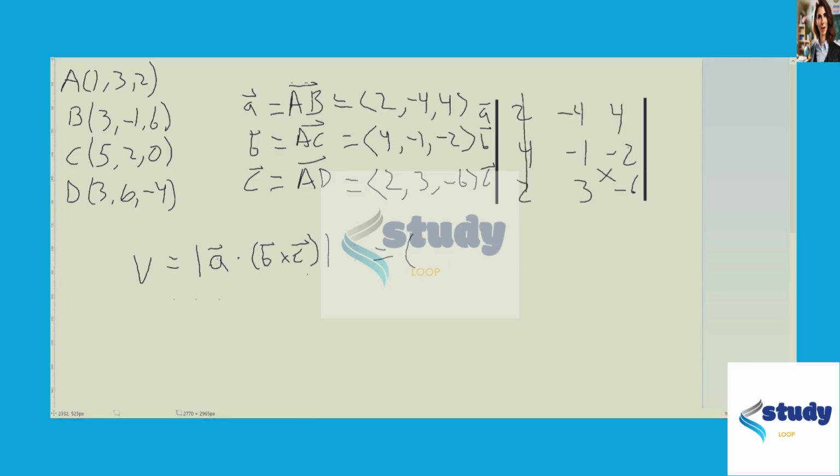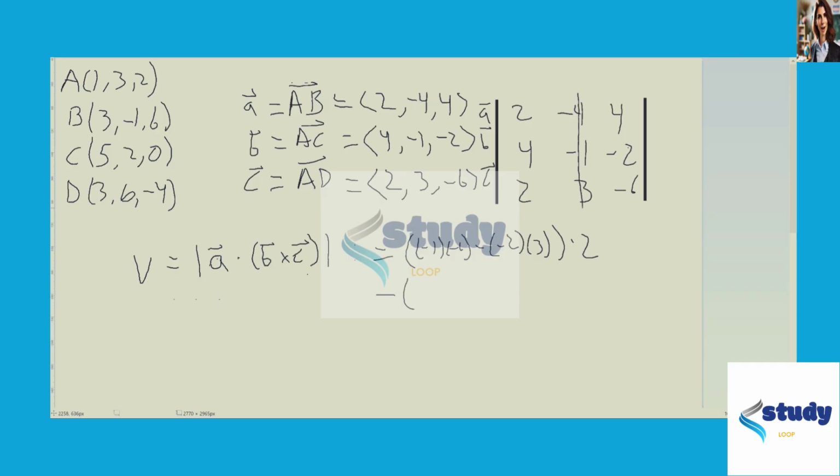So usually what we would do is ignore the first column and look at negative 1 times negative 6 minus negative 2 times 3. And instead of i, we're going to multiply by 2.